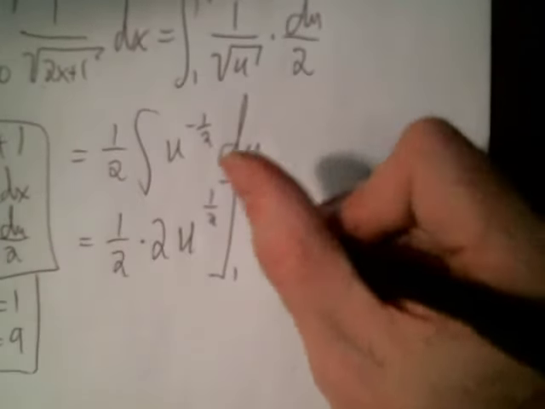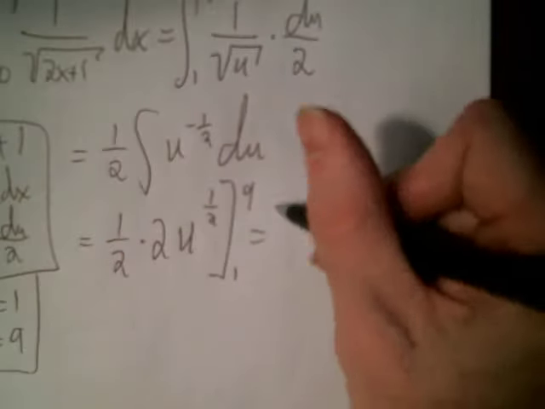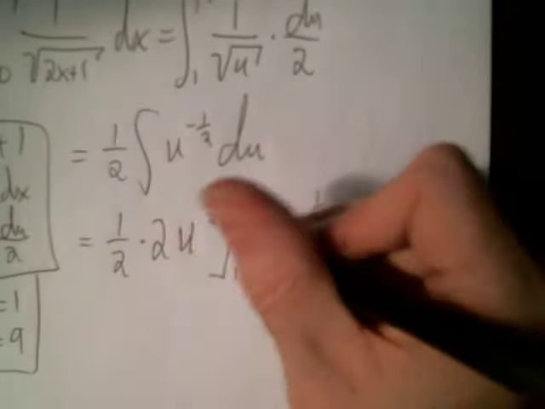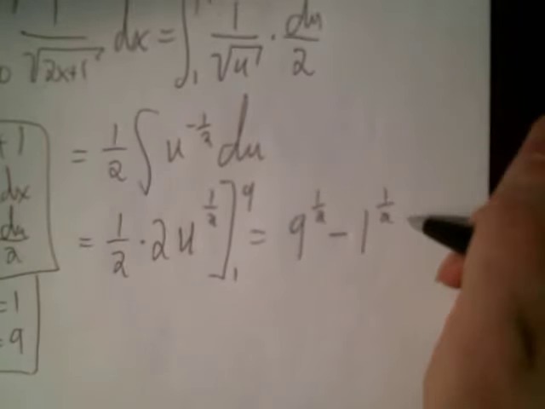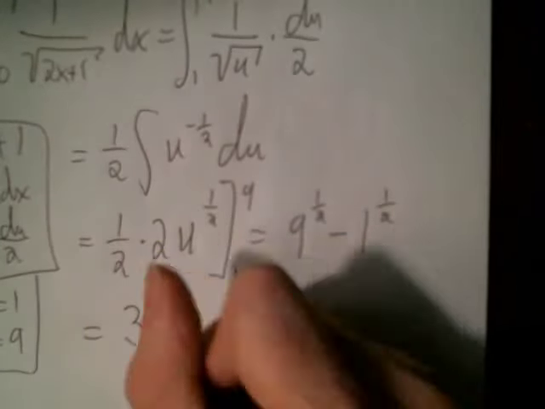Of course, that will just be 2 times 1/2 is 1, so I'll just have u to the 1/2. So plug 9 into that, you get 9 to the 1/2, and then minus plugging 1 into that, you get 1 to the 1/2. So 9 to the 1/2 is 3, minus 1 to the 1/2 is 1. In other words, we get 2.